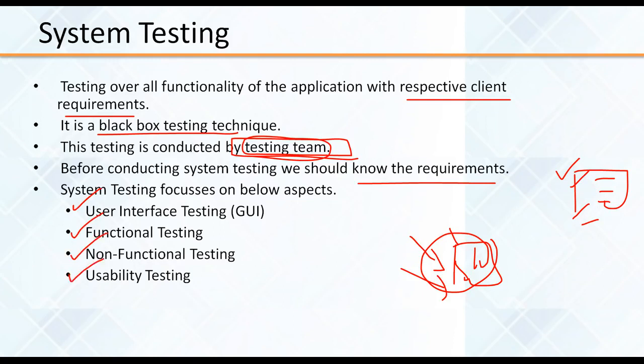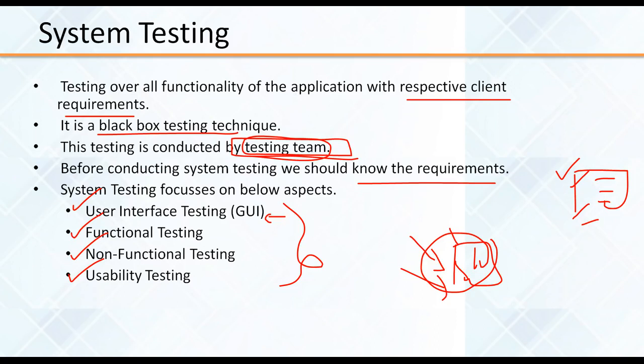All these testings we are going to conduct as part of system testing. Again, in each and every category there are n number of testings. This is the high level category, but internally every type of testing has different kinds of testing.